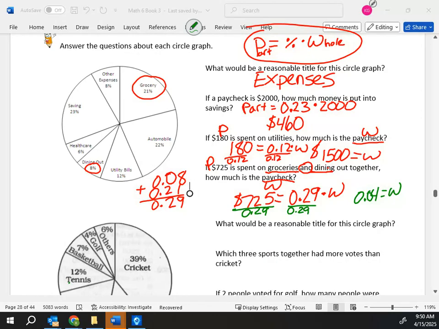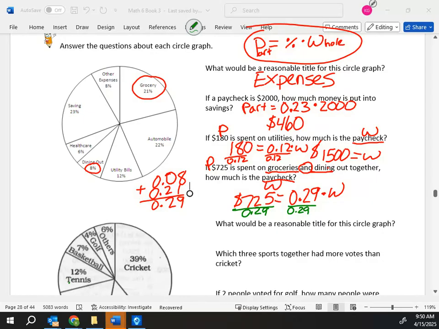I did something wrong. I am guessing you might have done 0.29 divided by 725. Remember, that top number is what we put into our calculator first. 725 divided by 0.29. What did you get, Kylie?